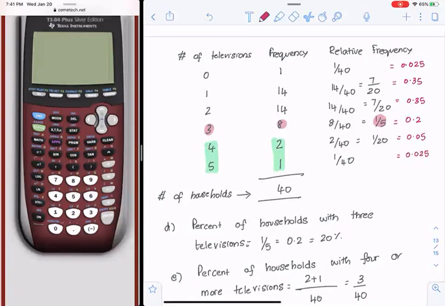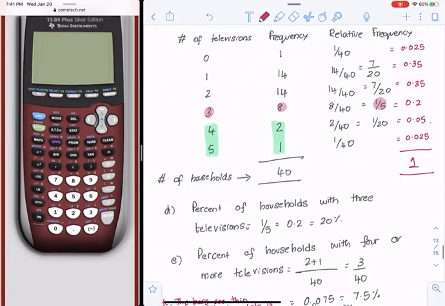And if you add all of those values, 0.025 plus 0.025 is 0.05. 0.05 plus 0.05 is 0.1. 0.1 plus 0.2 is 0.3. 0.3 plus 0.35 is 0.65. 0.65 plus another 0.35 is 1. So if you sum all the relative frequencies, it must sum to 1.